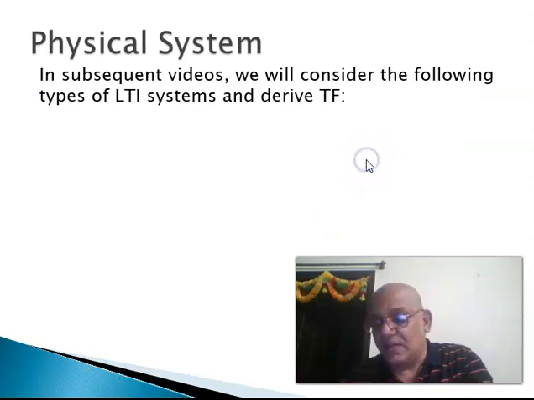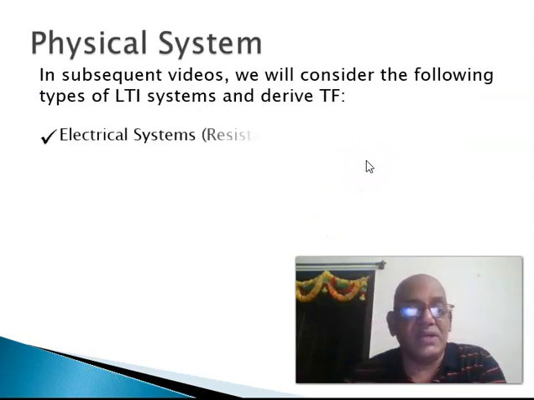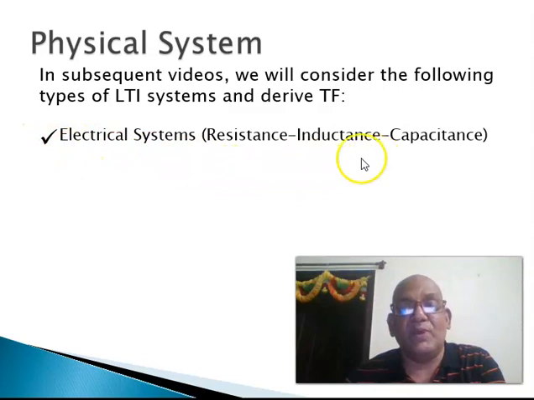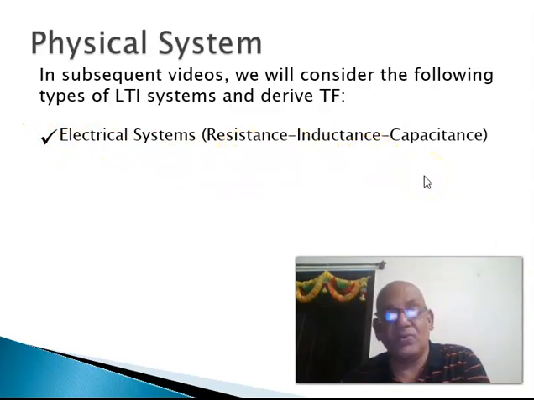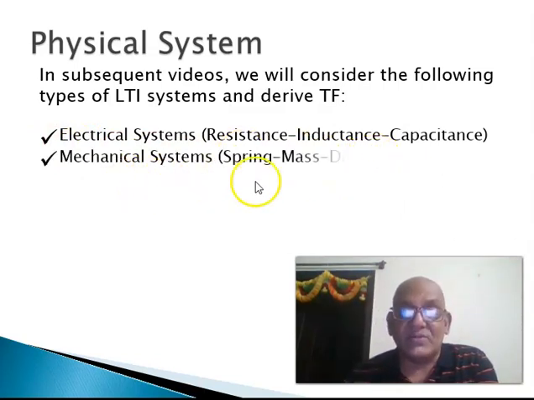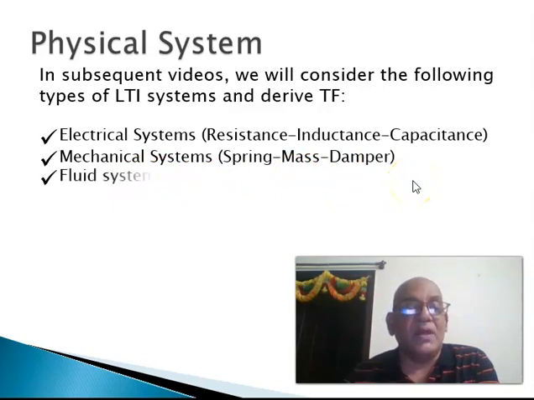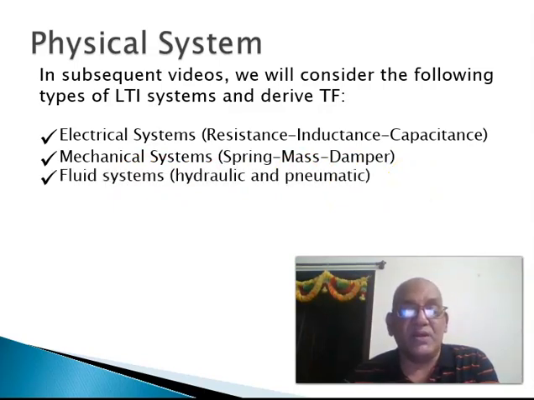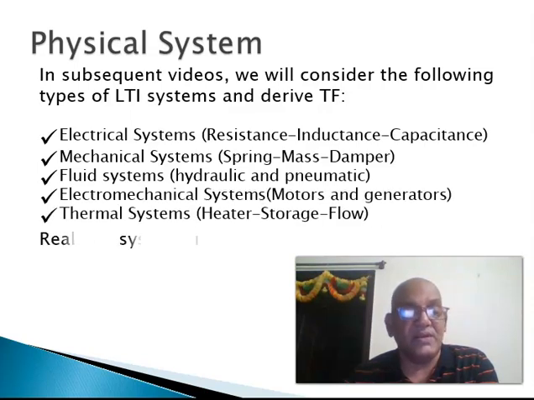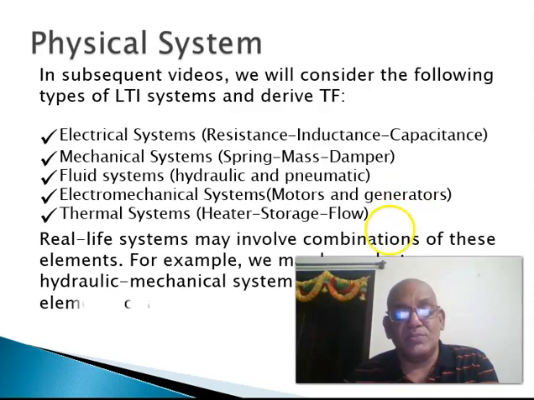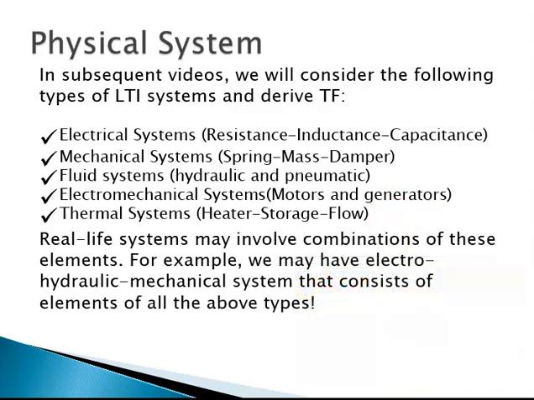We are going to consider several types of systems, in the sense electrical systems with RLC circuits, or mechanical systems with spring mass damper, and then fluid systems, maybe hydraulic or pneumatic, and then electromechanical systems, motors and generators, thermal systems involving heat storage and flow, and so on.